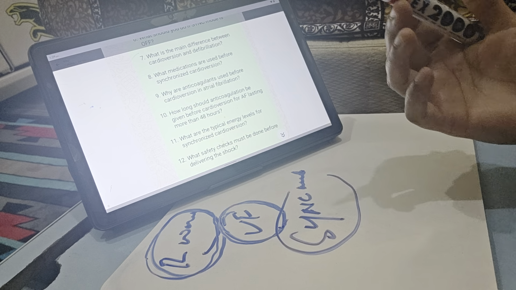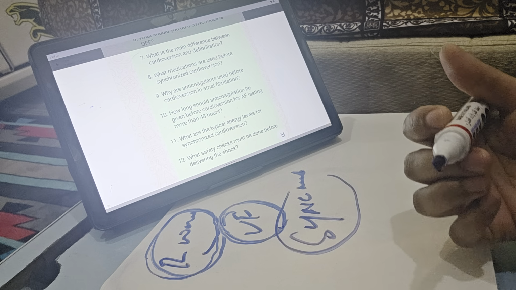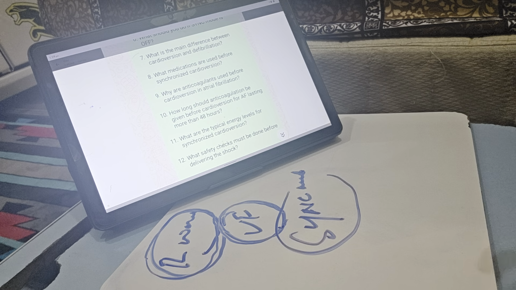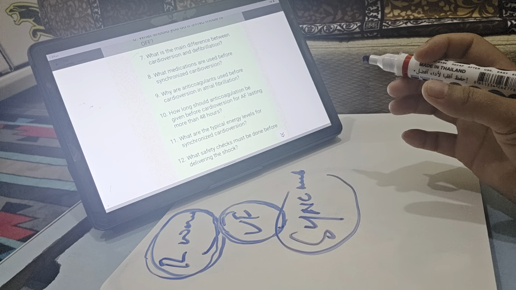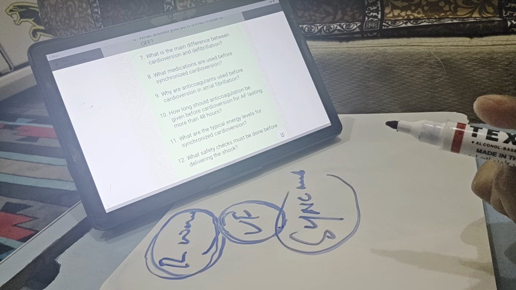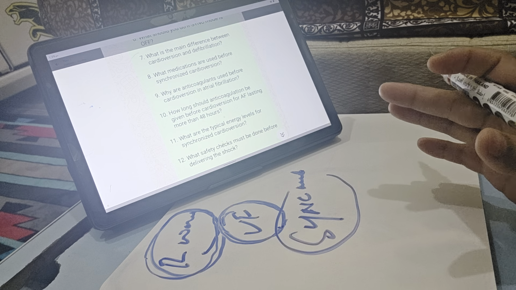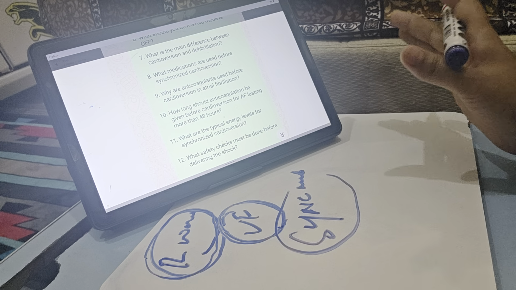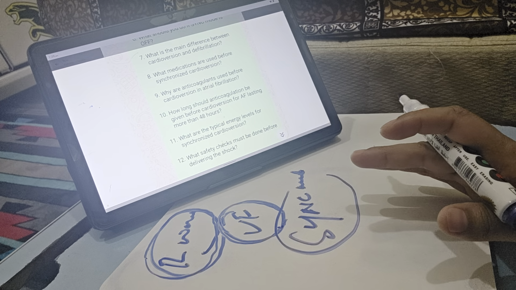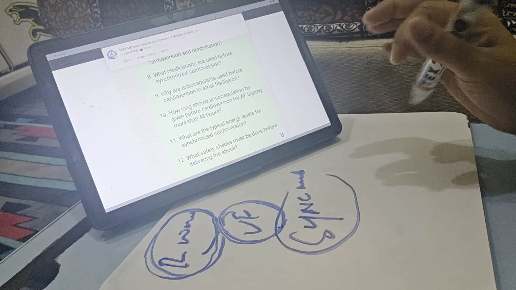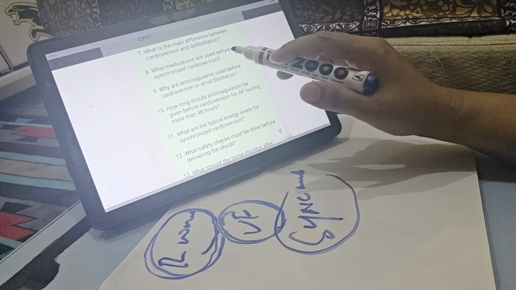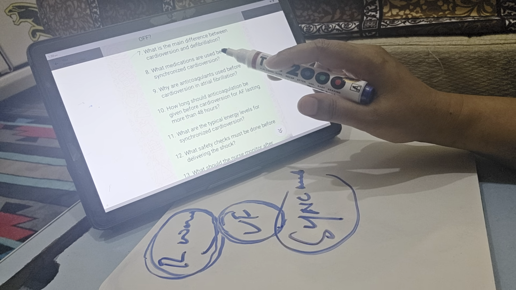In cardioversion we use the sync mode, but in defibrillation we do not, since it is unsynchronized and used for pulseless rhythms. Cardioversion is for unstable VTach but with a pulse, while defibrillation is for pulseless ventricular tachycardia or ventricular fibrillation.